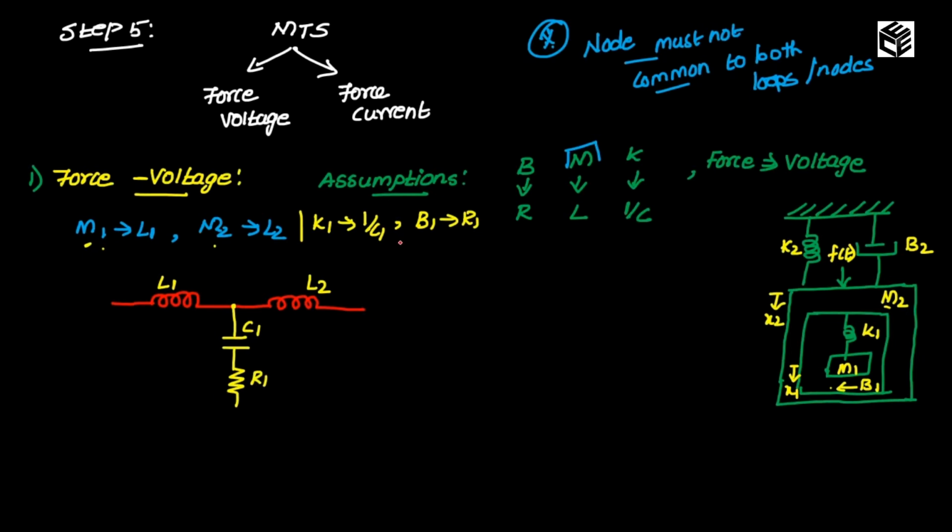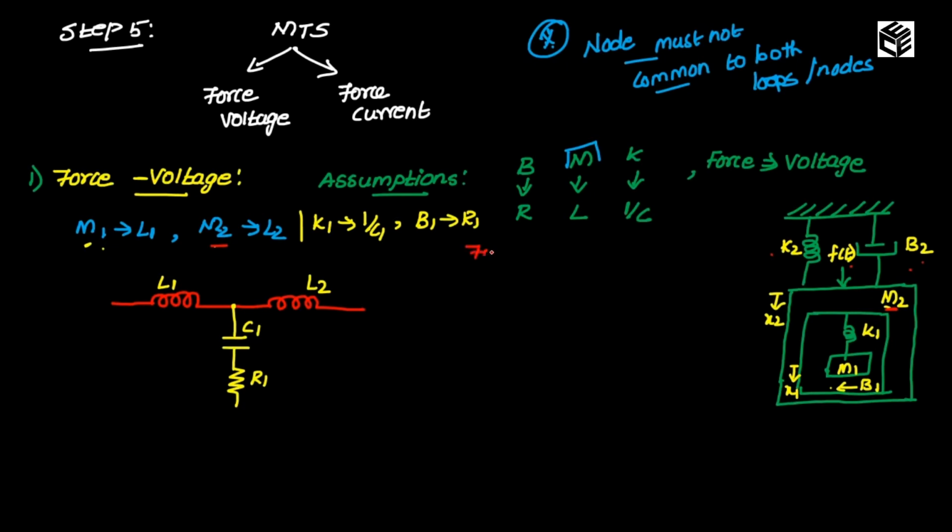So what is my next thing? I need to check whether there is any element that is dedicatedly connected to the node M2. So to the node M2, I have two elements and an applied force. So the two elements are K2 and B2 and the applied force is F of t. So what is our title? Force voltage.